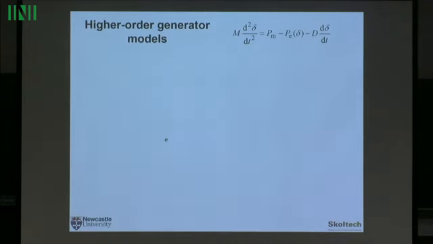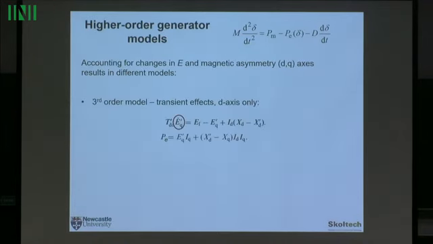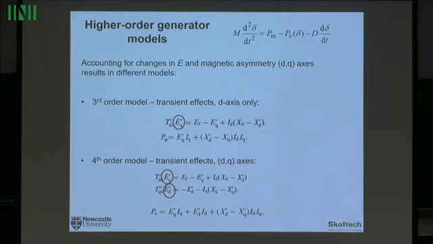So there will be an additional differential equation which describes the changes in the driving voltage E'. That's why it's a third order model, because the swing equation is a second order model, and adding one additional differential equation gives a third order model. And then the power P which goes in here will be a little bit more complicated. So this is the third order model. For the fourth order model, you add two differential equations for Eq' and Ed'.